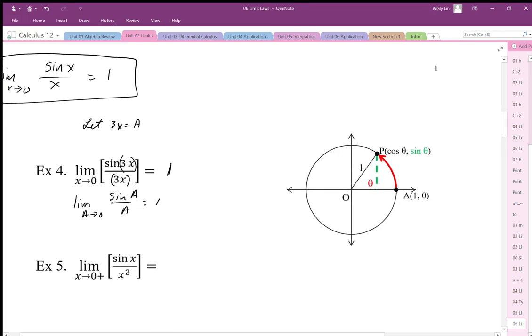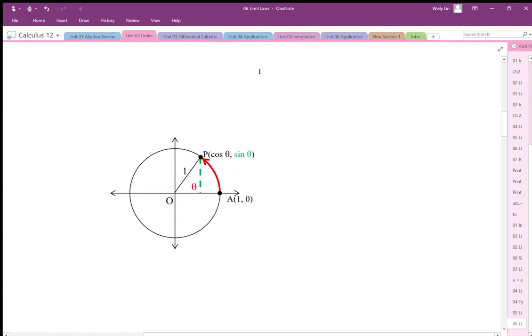Now we could even further generalize this, and say this: sine of ax over x, the limit as x goes to 0. Well, this really is this. So how does this arc length compare? Imagine what this looks like.